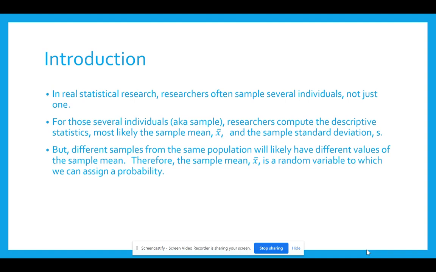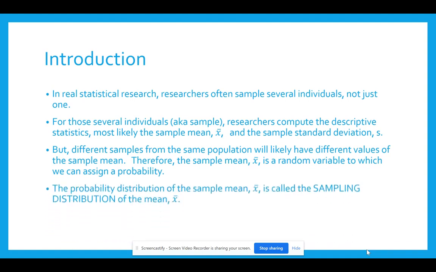So when you're looking at a group of values instead of just one, the sample mean becomes a random variable because it could have different values depending upon your sample. And because it becomes a random variable, we can assign a probability to having that particular mean for a particular sample.